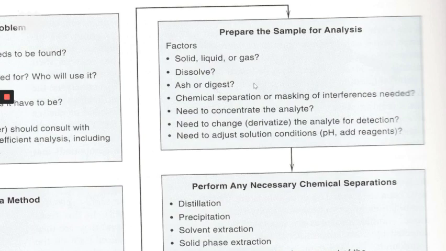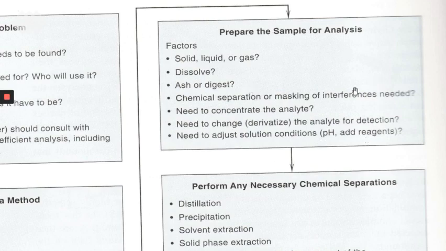Can it use ash or digest? Is chemical separation or masking of interferences needed? Do you need to concentrate the analyte, change the analyte for detection, or adjust solution conditions? For example, you have to adjust the pH or add reagent to the sample.